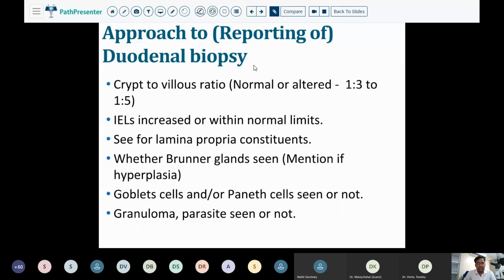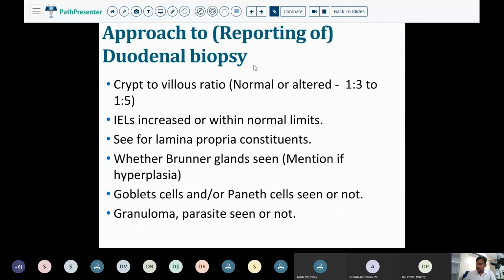So that is about the villus. Then you should also look at the lamina propria. Lamina propria constituents are the inflammatory cells, lymphocytes or plasma cells, vessels, and stroma. Stroma includes the basement membrane of the surface epithelium and the stroma of the lamina propria. These constituents should be looked at, whether they are present and whether they are normally present.